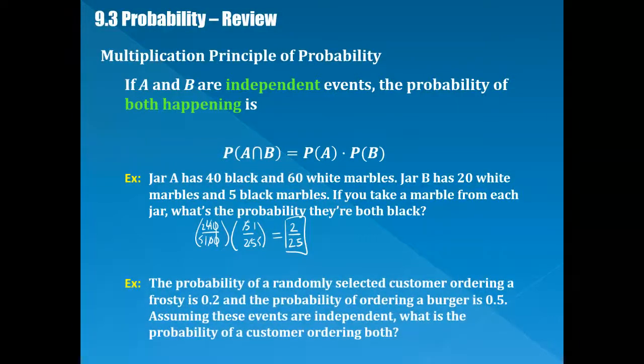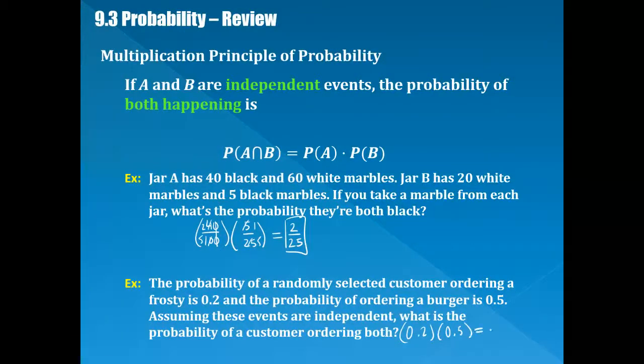The probability of a randomly selected customer ordering a Frosty. Oh, we talked about this. This is from last time. And that is 0.2. The probability of ordering a burger, we didn't have that, is 0.5. Assuming these events are independent, so one doesn't impact the other, what is the probability that a customer orders both? Well, 0.2 times 0.5.